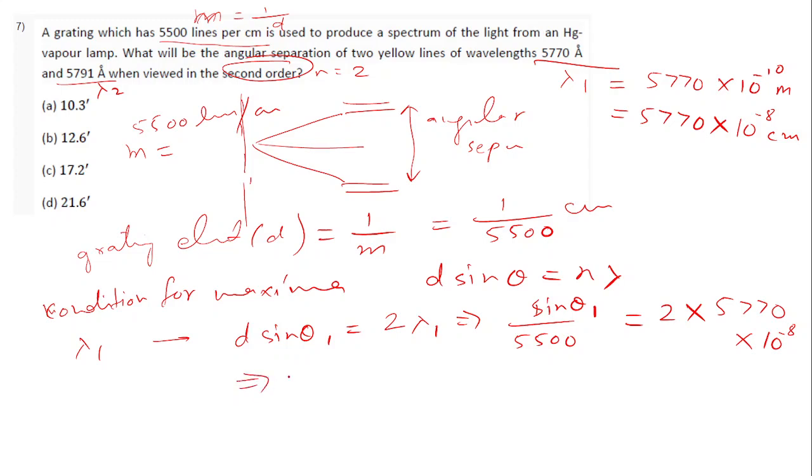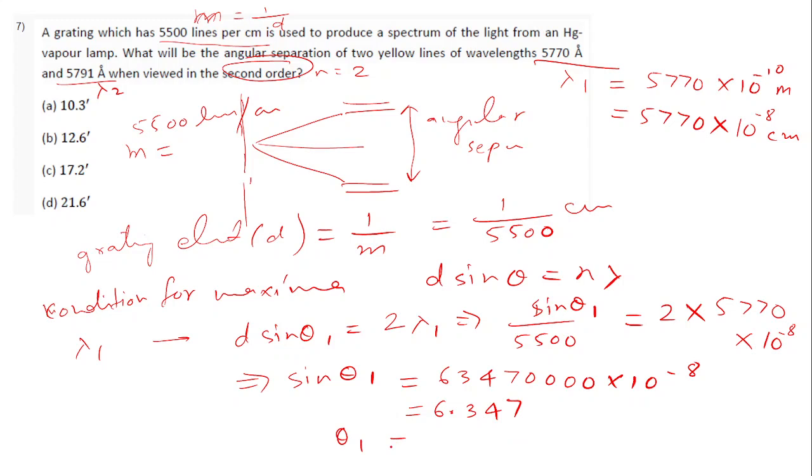Now when I further solve it, I will get sine theta 1 is equal to 2 times 5770, multiplied by 5500, 6.347 times 10 to the power minus 8... it will be 0.6347.